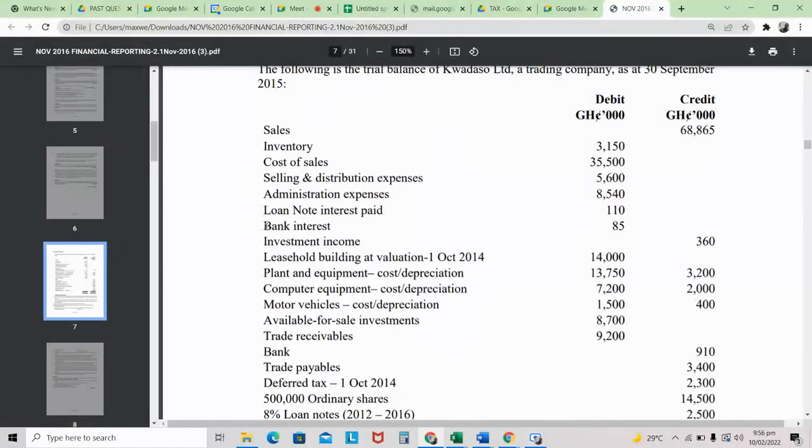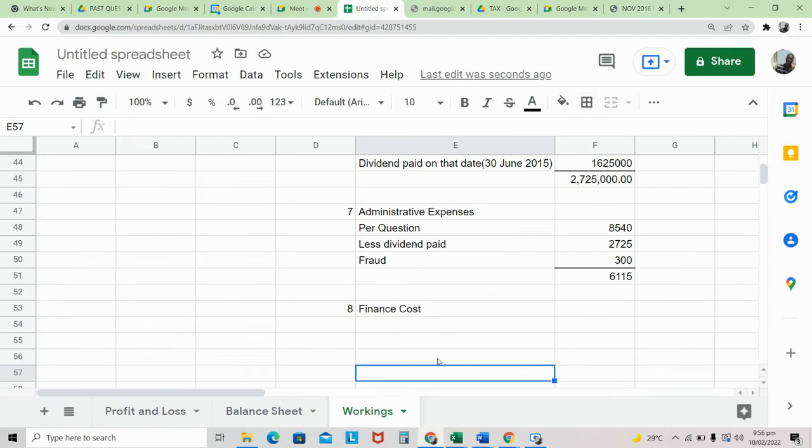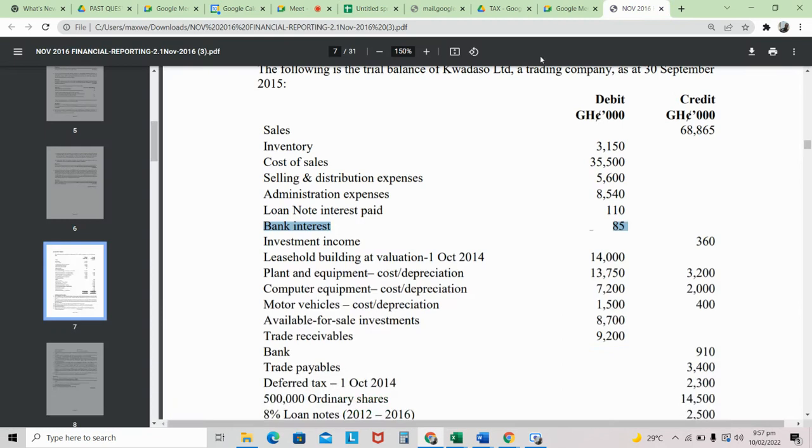Okay, so the first one is bank interest. You can see bank interest is here. So it's an interest that accrued during the period. So bank interest, it was 85. And what else?